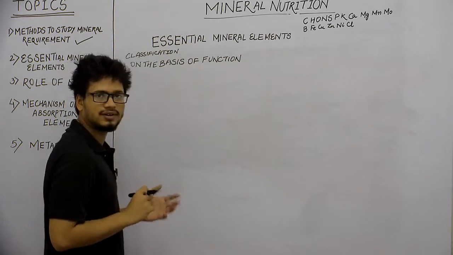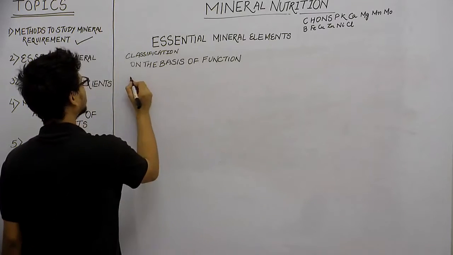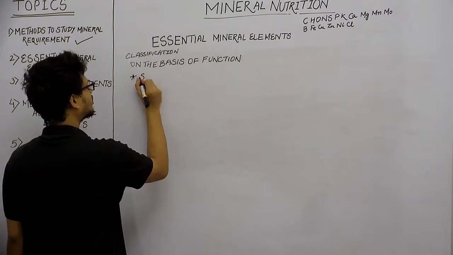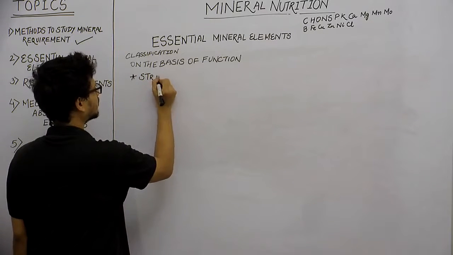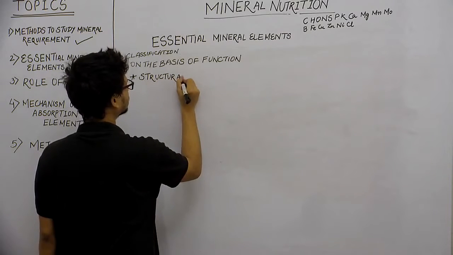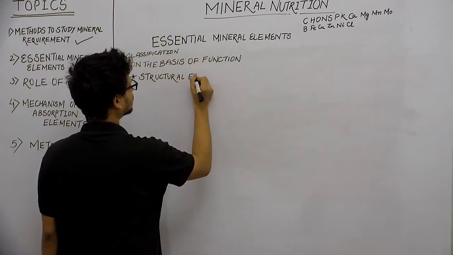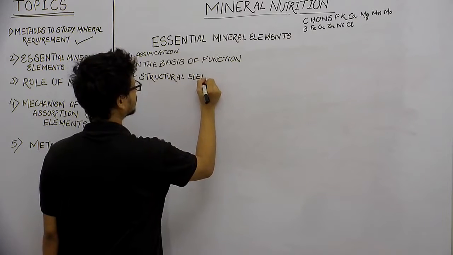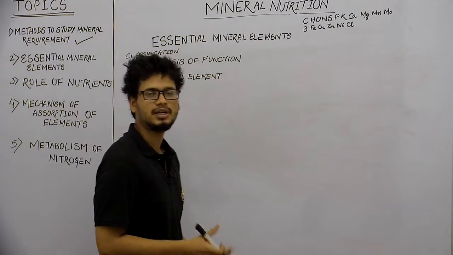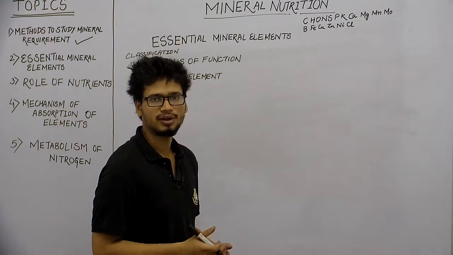So what are the different classes? The first class is of structural. Structural elements are those which form the main body or the bulk of the plant body.